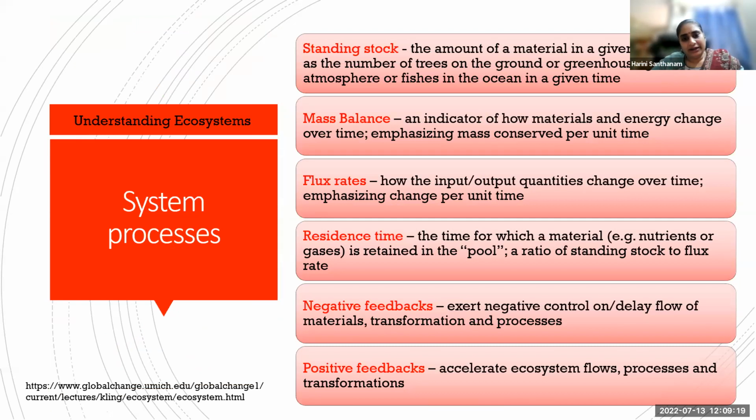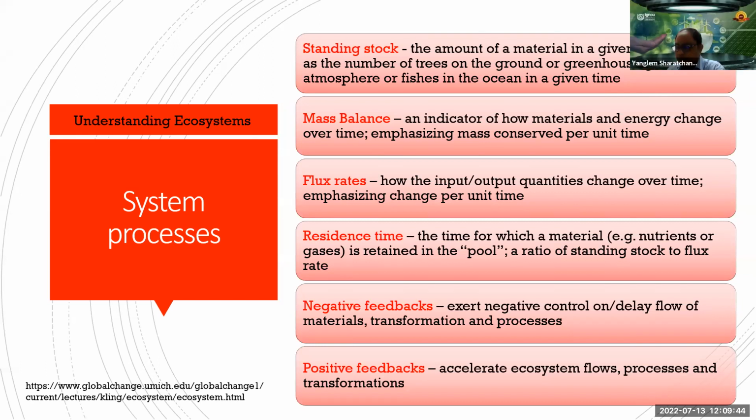Now we look at this system as having some amount of what is known as standing stock, which is defined as the amount of material which is in a given pool, such as the number of trees on the ground, or the greenhouse gases in the atmosphere or the fishes in the ocean at a given time. So all these are standing stocks.